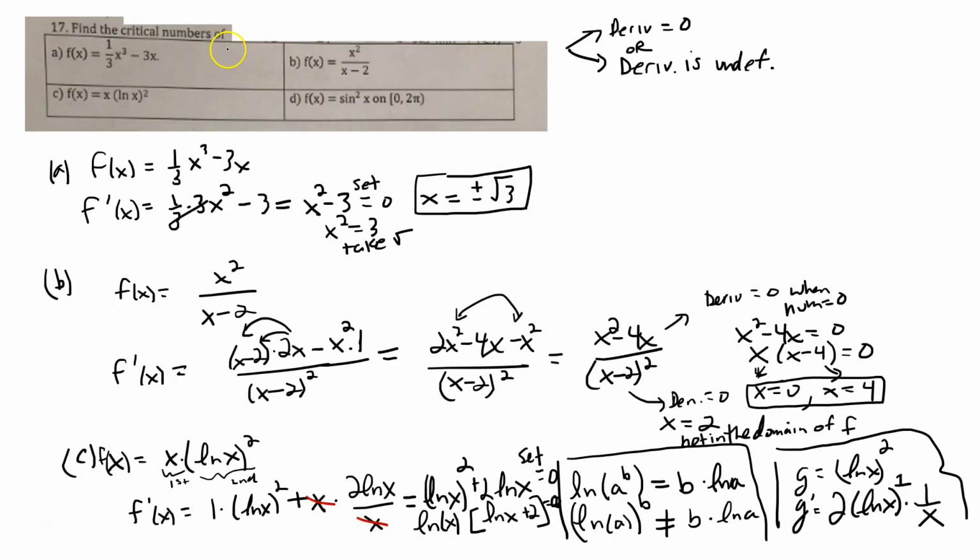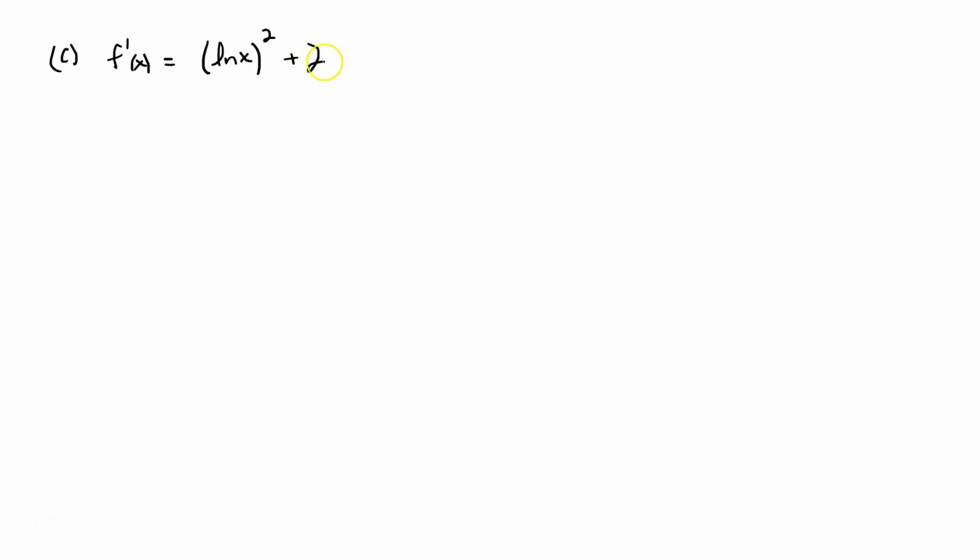So we have letter C, taking the derivative, and what we're getting is the natural log of x quantity squared plus 2 log x after canceling, and we're going to set that equal to 0. We're going to factor out a log x, be left with the log x plus a 2.